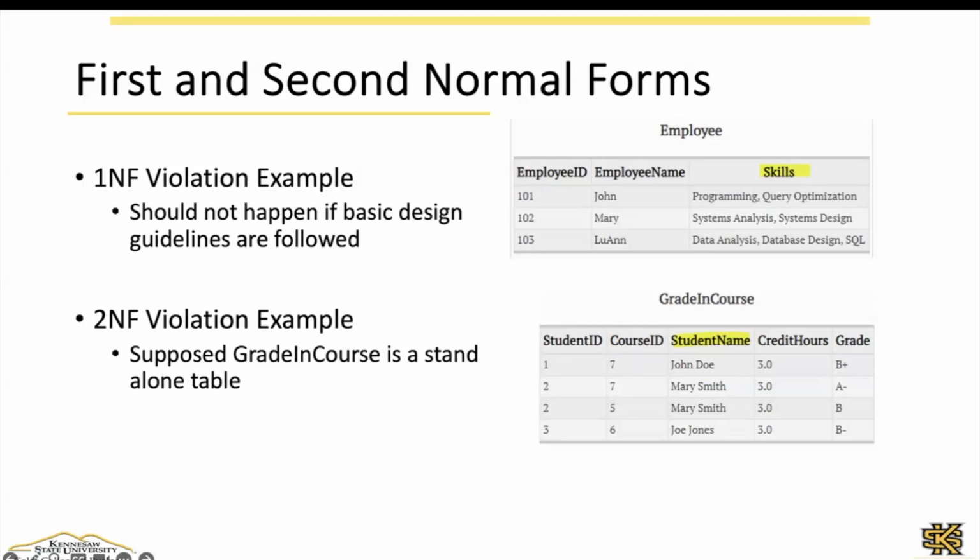So this violation of the second normal form leads to some problems for us. The first one, redundancy. For example, the name Mary Smith appears multiple times in the table.